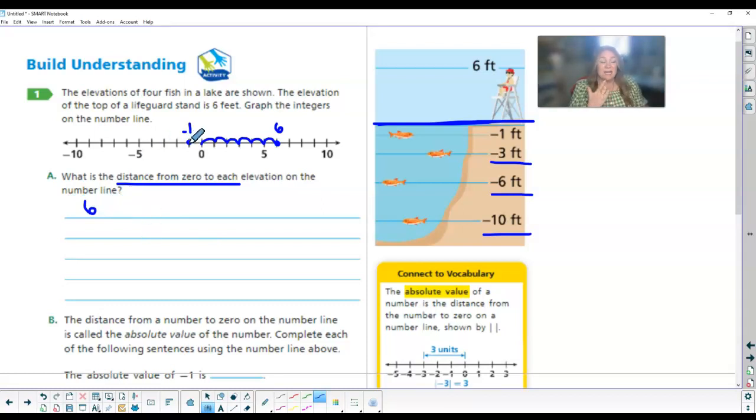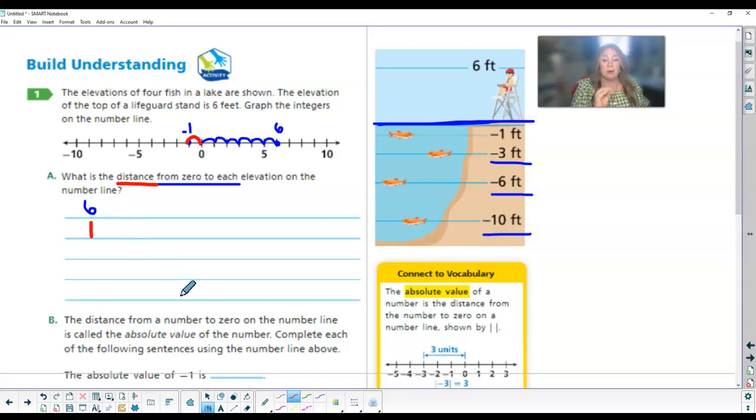If I'm at -1, it's going to take me 1 unit to get to 0. So distance is always a positive number. Even though it's negative, below sea level, it's still going to be a positive answer.